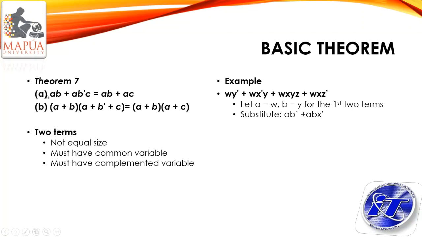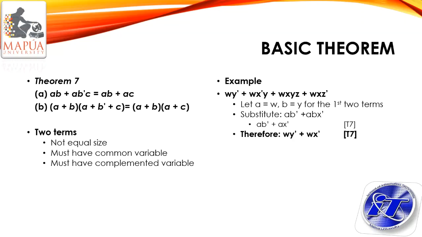Is it the same as the first form? Yes. They are not equal in size. They have a common variable, which is A. They have complemented variables, B naught and B. So therefore, theorem number 7, we have AB plus AC, wherein C is X naught. So we have AB plus AX naught.